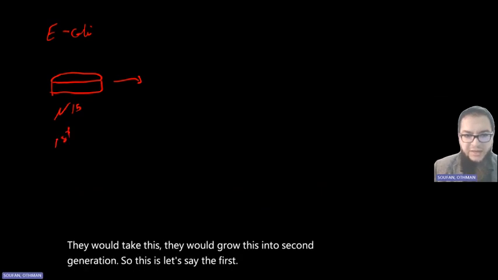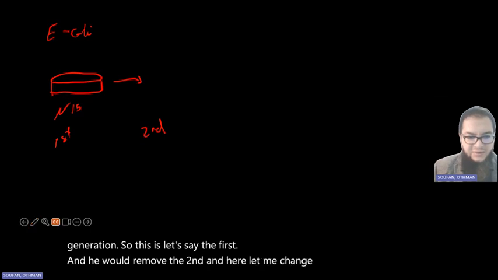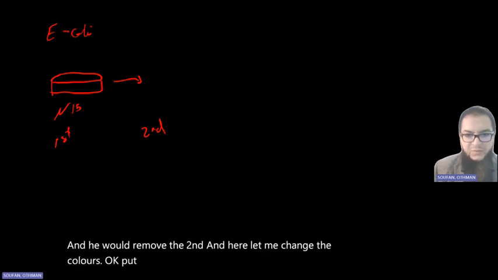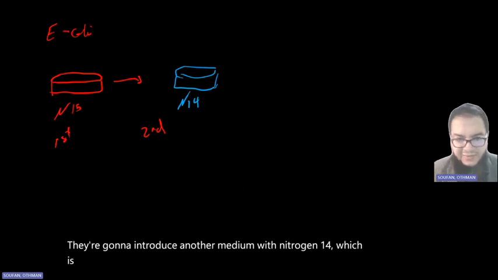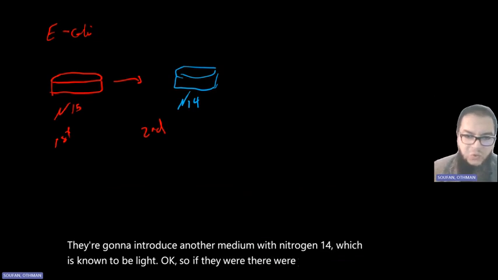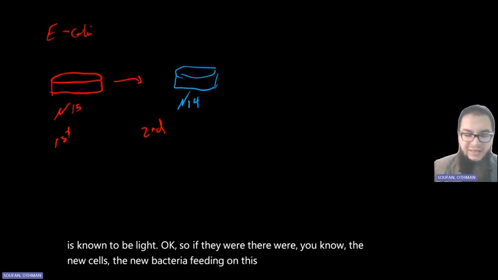So this is, let's say, the first, and you move to the second, and here, let me change the colors, put some blue. They're going to introduce another medium with nitrogen 14, which is known to be light, okay?